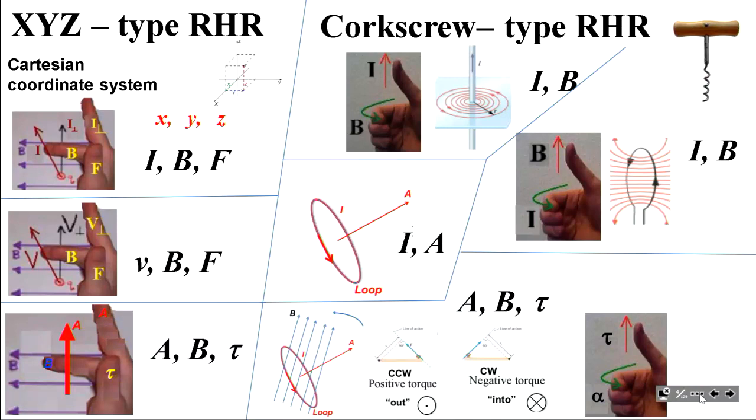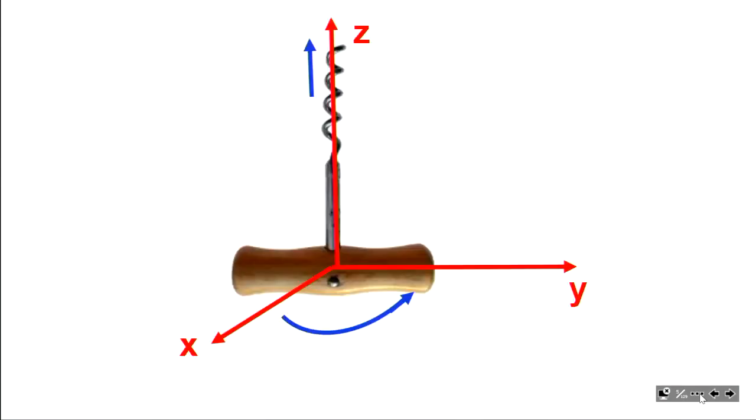But we also can use three directions: area vector, magnetic field, and torque, using the reference frame, because they're related. If you take the reference frame, X, Y, Z axis, the right one.